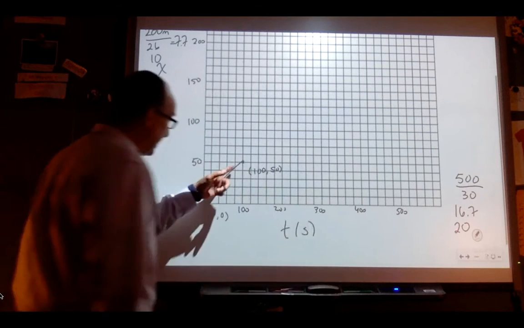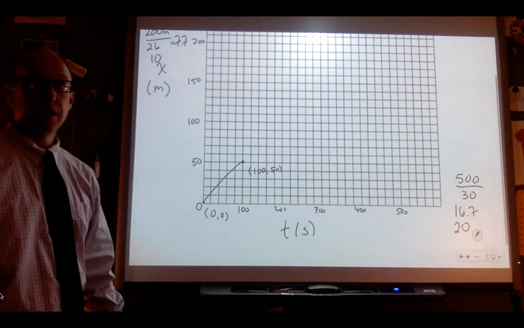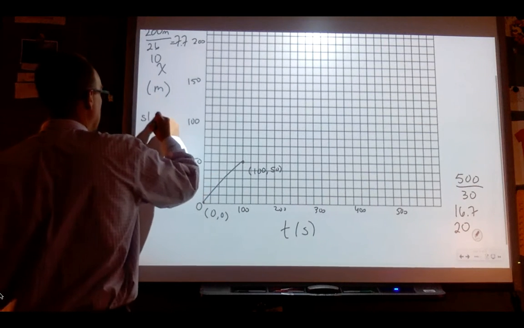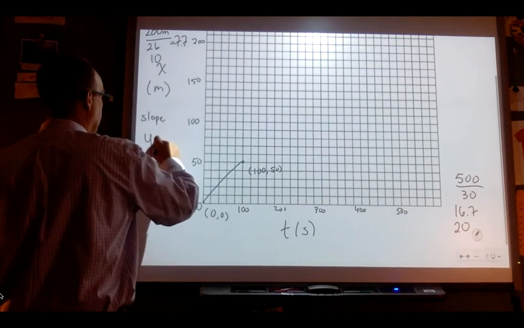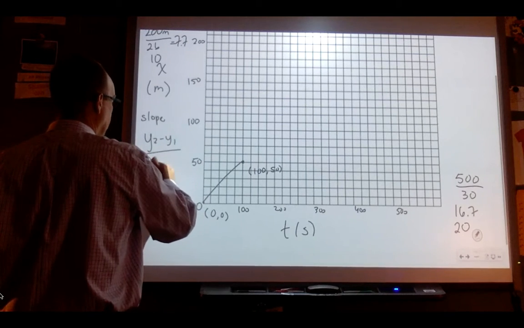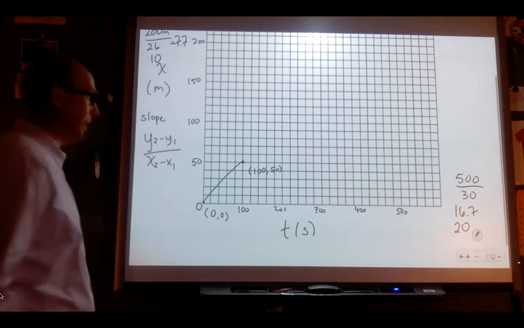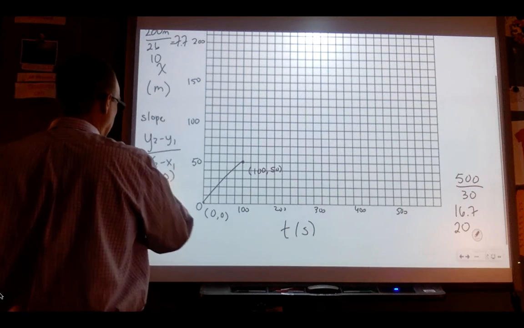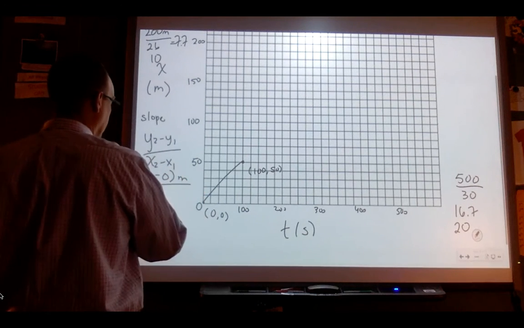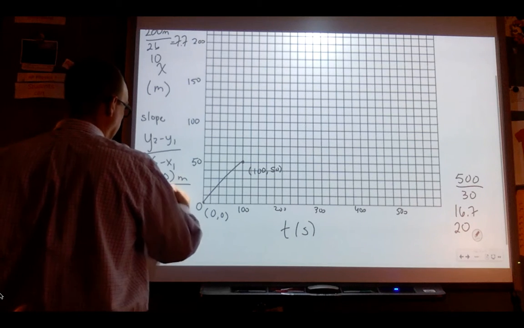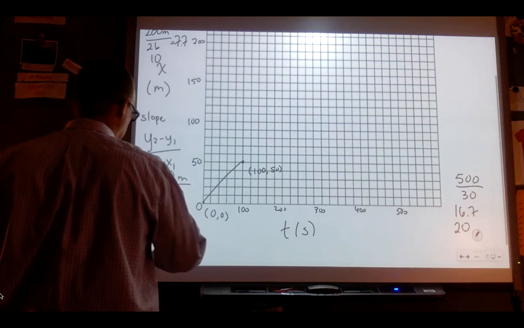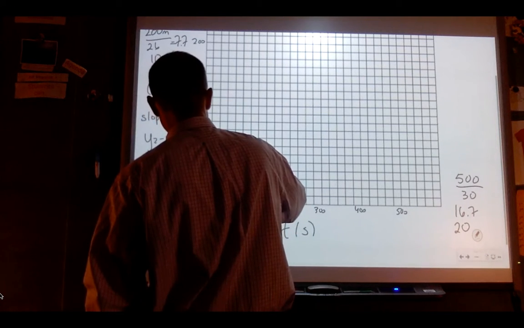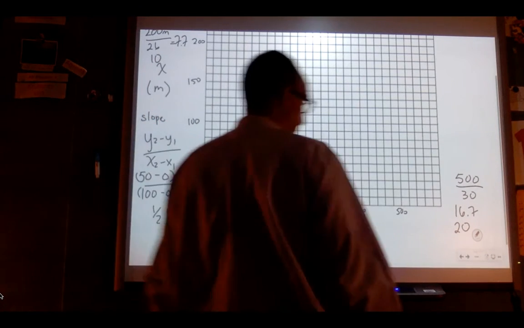I'm saying again that he is going at a constant speed, so I can find out what that speed is by taking the slope. If you remember, the slope is y2 minus y1 over x2 minus x1. So in this case, it would be 50 minus 0 meters over 100 minus 0 seconds. So everywhere on this line, he's going 1/2 meter per second.